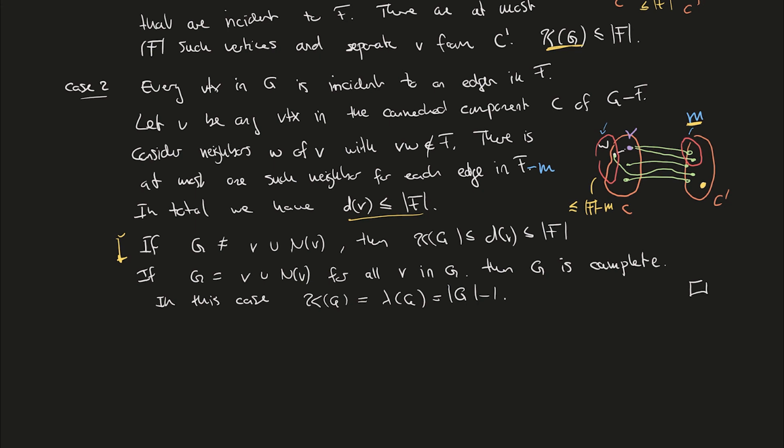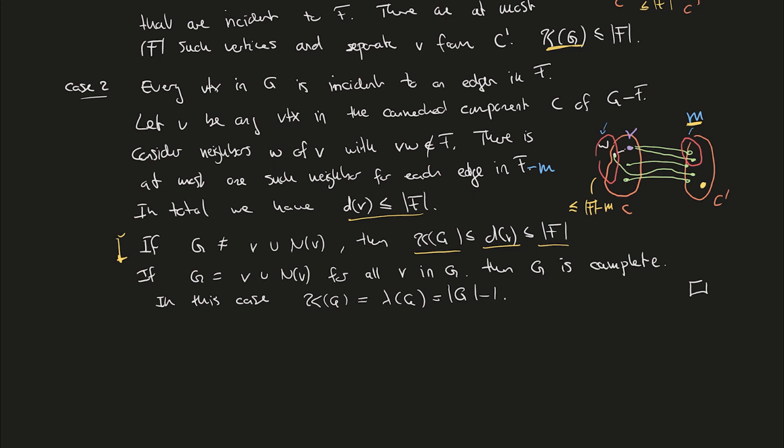So we have to have at least one other vertex that's not part of the neighborhood. If it's possible to select V such that there's another vertex not part of the neighborhood of V, then we've shown the desired inequality, namely that the connectivity of G is less than or equal to the degree of V, which we saw above was less than or equal to the size of F.